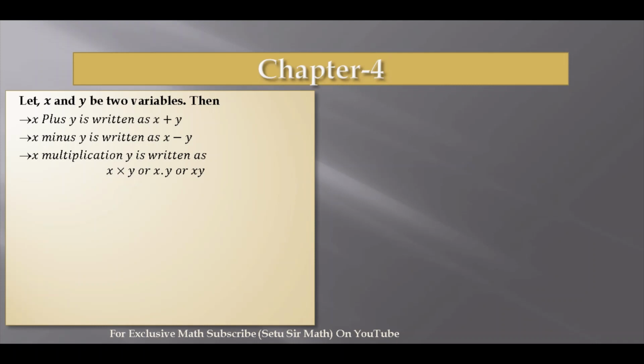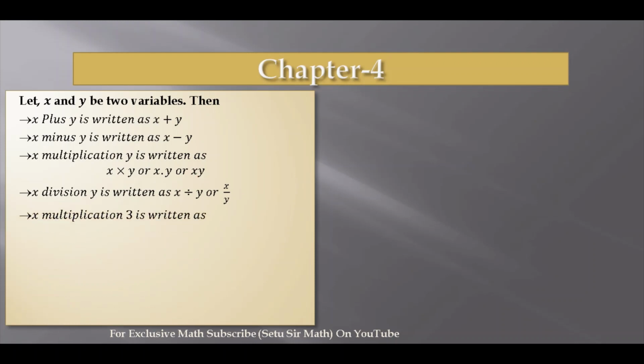There will be no sign between x and y, no dot, no multiplication sign. That is also a multiplication relation. X divided by y is written as x divided by y or x by y. That is what we use most in algebra, x by y.